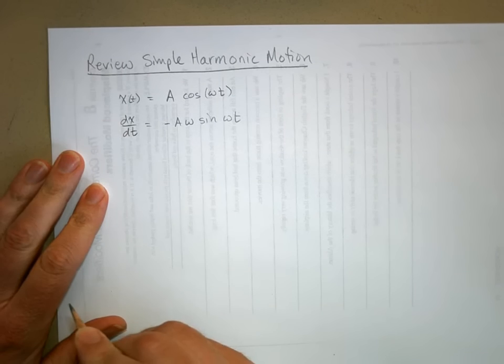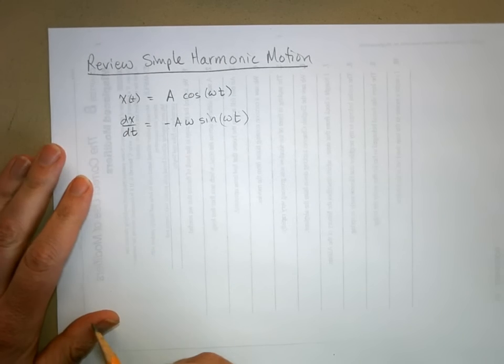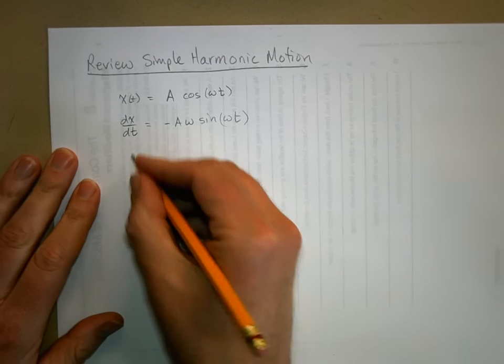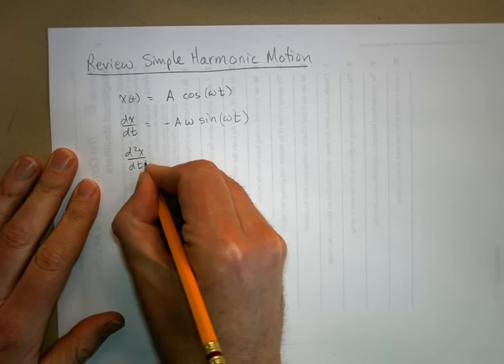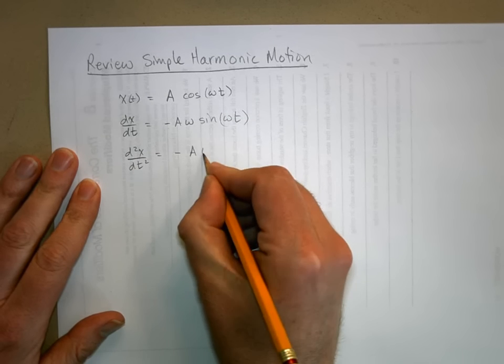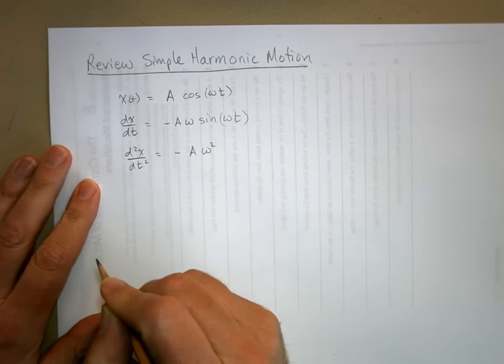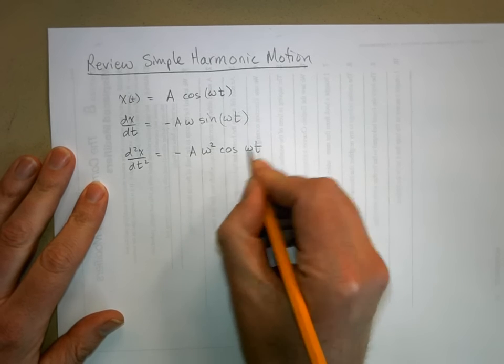Is that right? Yeah? The negative goes there? Okay. And then we take the derivative again. We get negative a omega squared times the cosine of omega t.